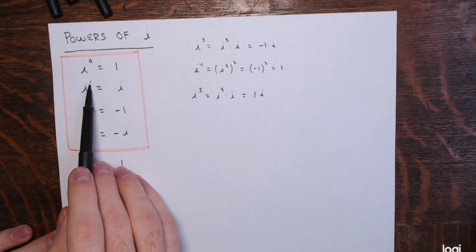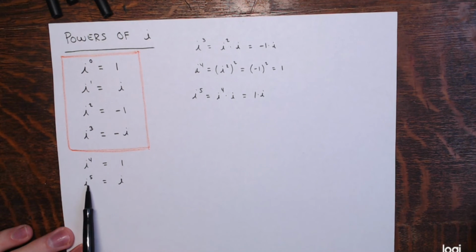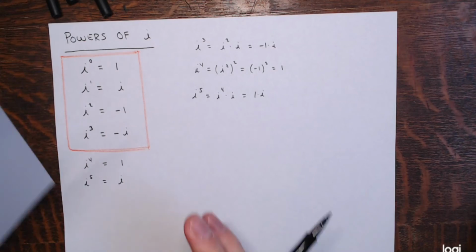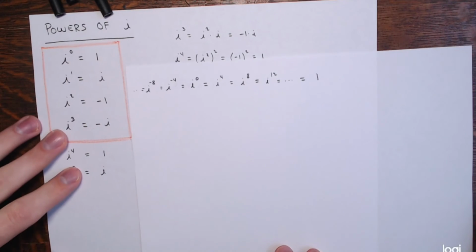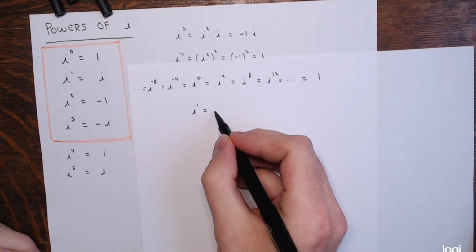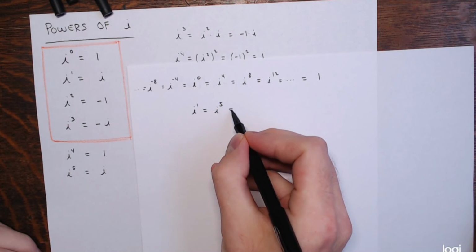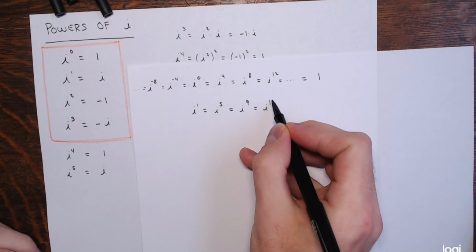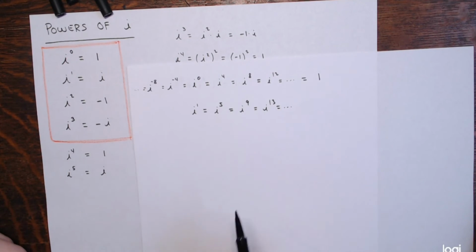Add 4 to the power, and it's i again when it simplifies. And that will keep happening. So we have, i to the 1st will be the same value as i to the 5th, and this will be the same as i to the 9th, and i to the 13th, and so on. We just keep adding 4.